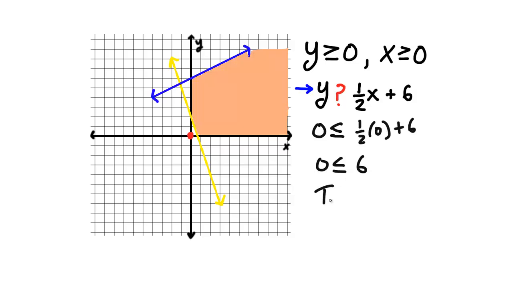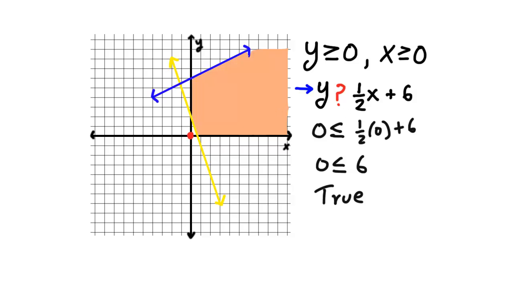And yes, this comes out to true. If we shade looking at the blue line as the boundary line, we'll shade the side that includes the test point, and that's good because we already have the shaded region here. So that's the one we're going to go with, the less than or equal to.